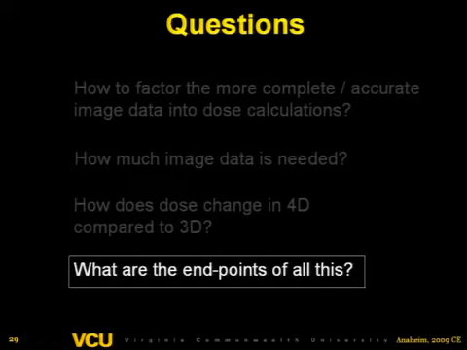So as I have mentioned at the beginning of this talk, we see the methods, we know what's available and what we can do about it, but we have to stop for a second and also try to figure out what is the end point of all this and what is the clinical significance of the differences that one can see between 4D and static or 3D dose computations.